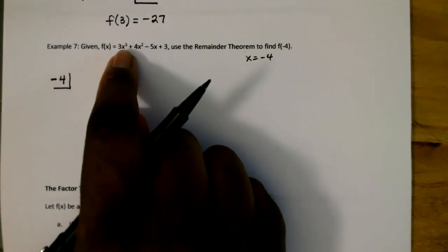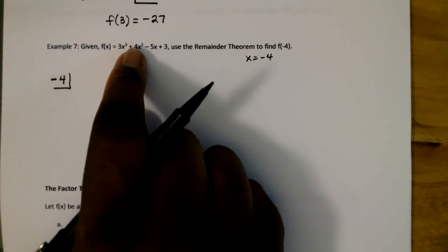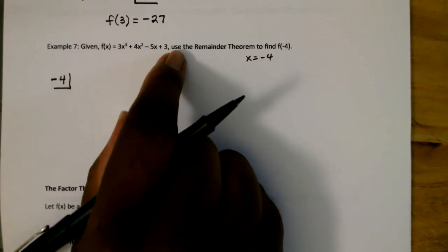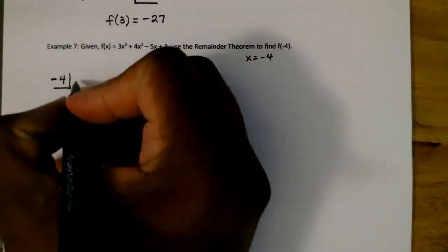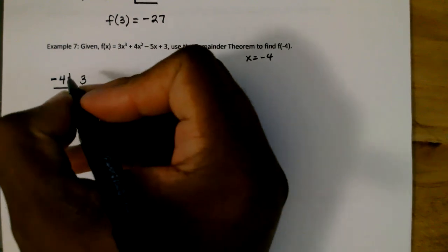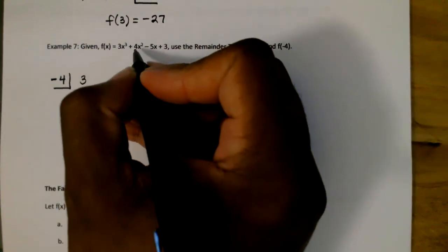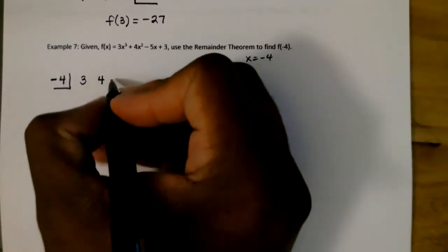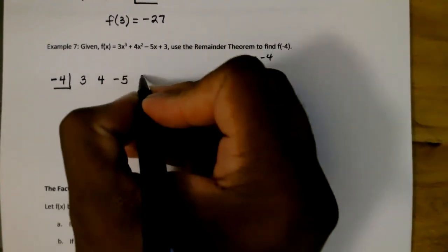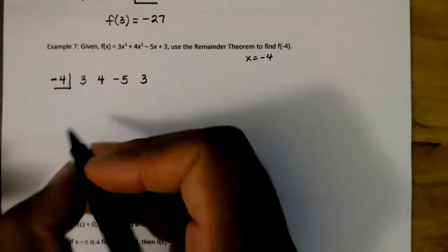There are no missing terms. We have x cubed, x squared, the x, and the constant. So I can write the numerical coefficients here. For x cubed, that coefficient is 3. For x squared, it's 4. For the x, -5, and the constant term is 3.